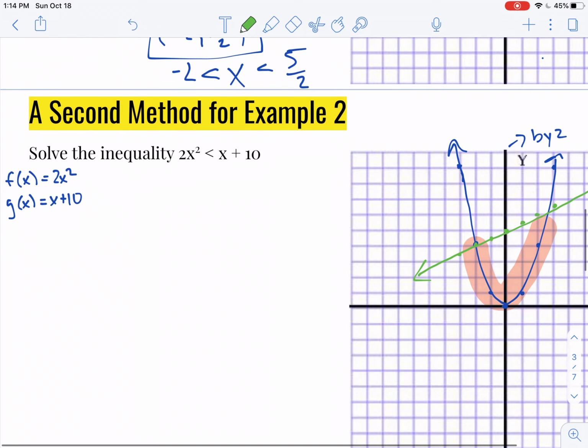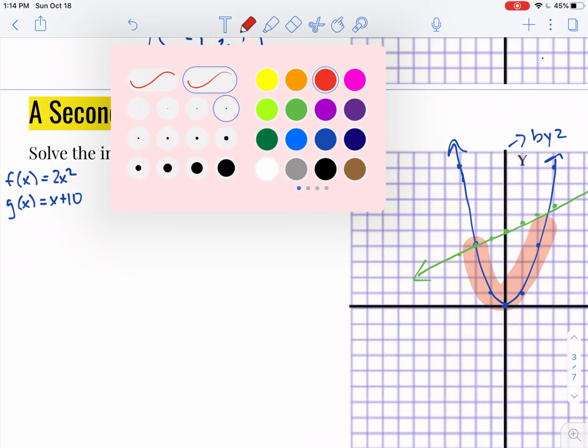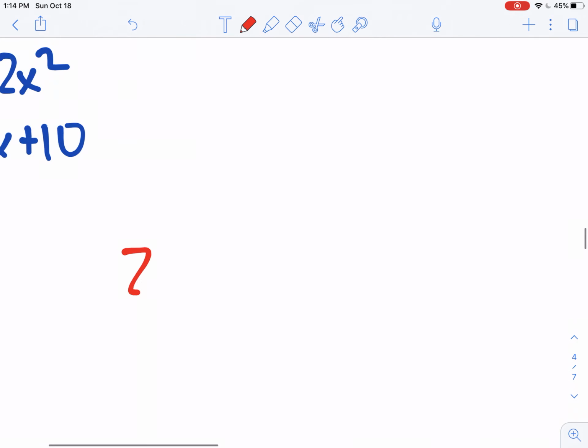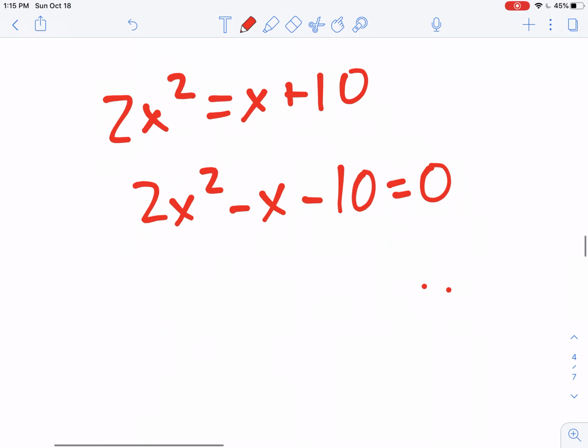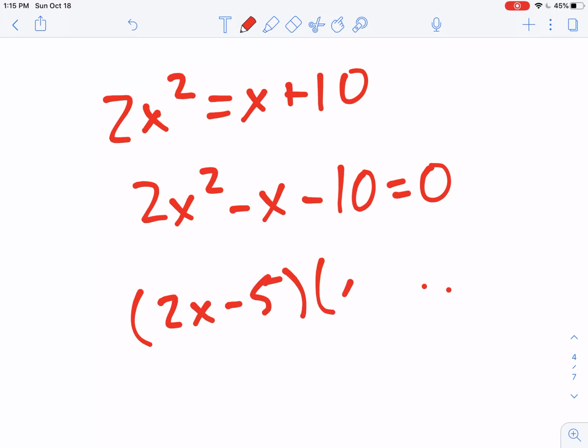I'm actually going to go through the process of solving this. So I would have to figure out, okay, where do they intersect? Because this is going to give me the information I need. So if I set 2x squared equal to x plus 10, I'm going to go through the exact same process. I'll get that 2x squared minus x minus 10 equal to 0, and then I'll factor and solve. We've already factored and solved this. You have 2x minus 5 times x plus 2.